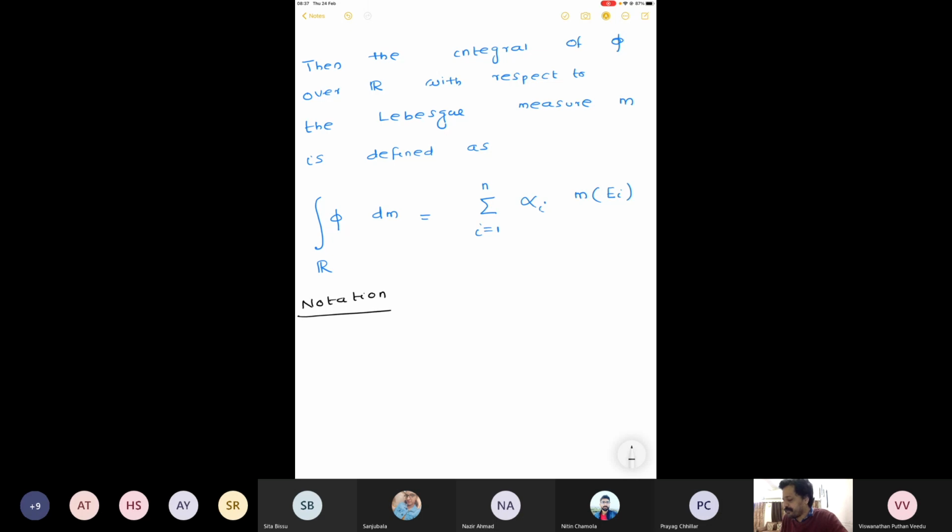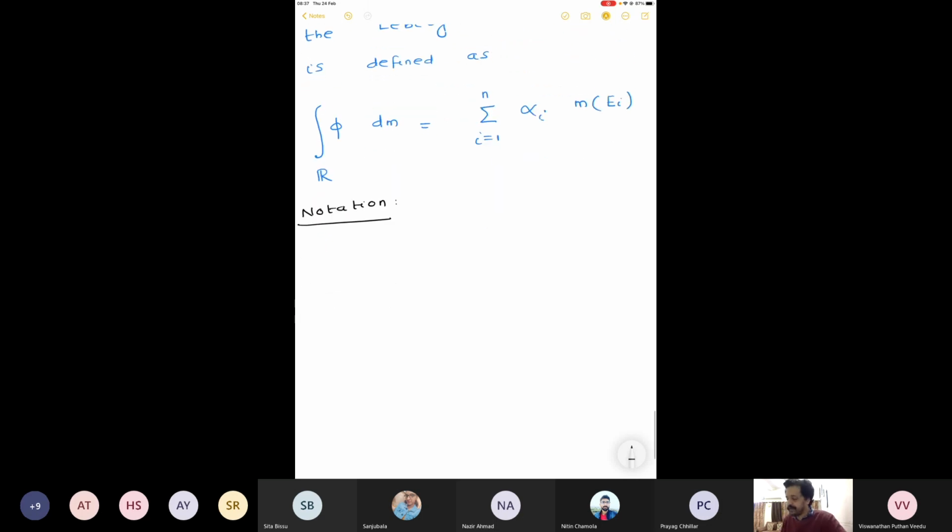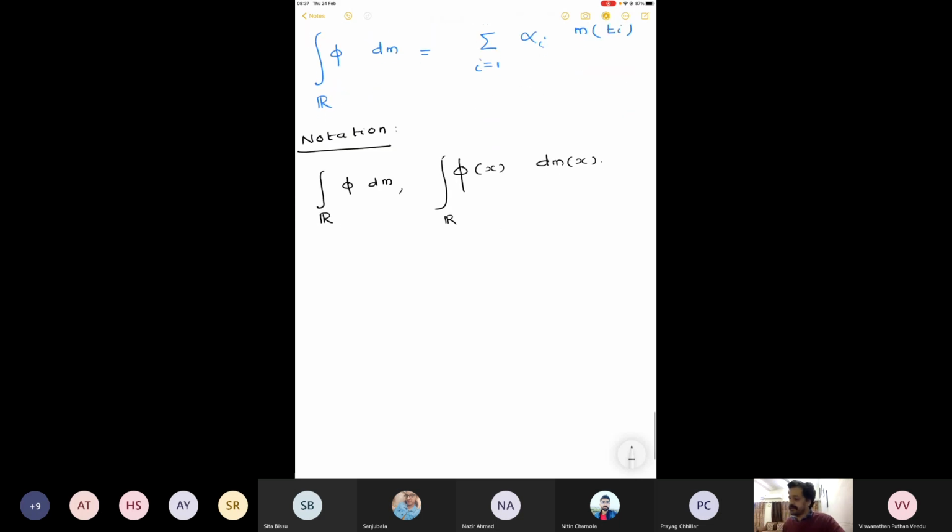generally used for the Lebesgue integral. Sometimes they use the integral over R of phi dm. Sometimes they use the integral over R of phi of x dm of x, just to differentiate it from the Riemann integral. And if it is clear from the context whether you are working with Riemann or with Lebesgue, you can even use this, no issue.